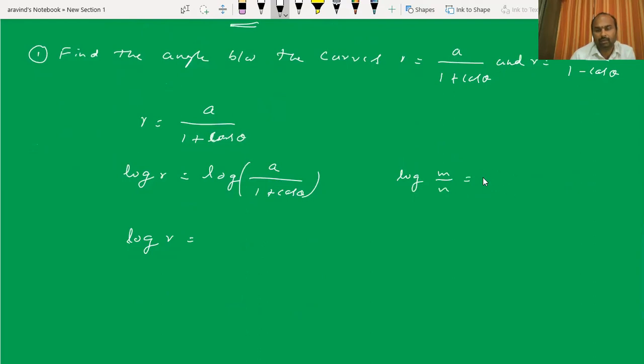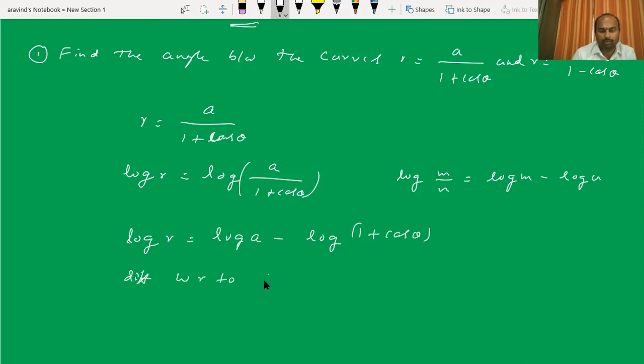So log m by n can be written as log m minus log n. If we use this, we'll get log a minus log of 1 plus cos theta. So now differentiate with respect to theta.